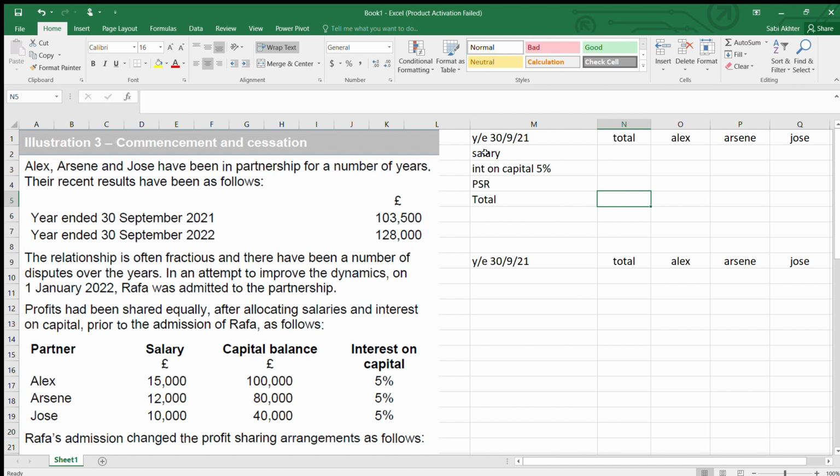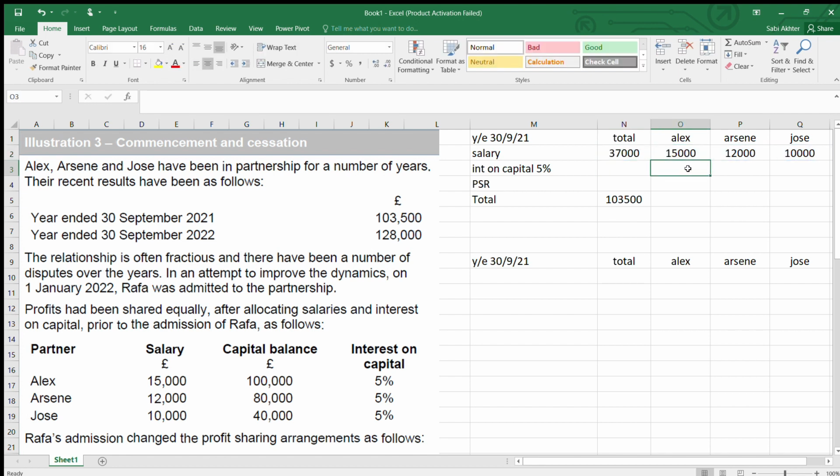What is the total? 103,500. Remember, salary is given here. You see here? So 15,000, 12,000, 10,000. Just perform the sum function so that it makes your life easier.